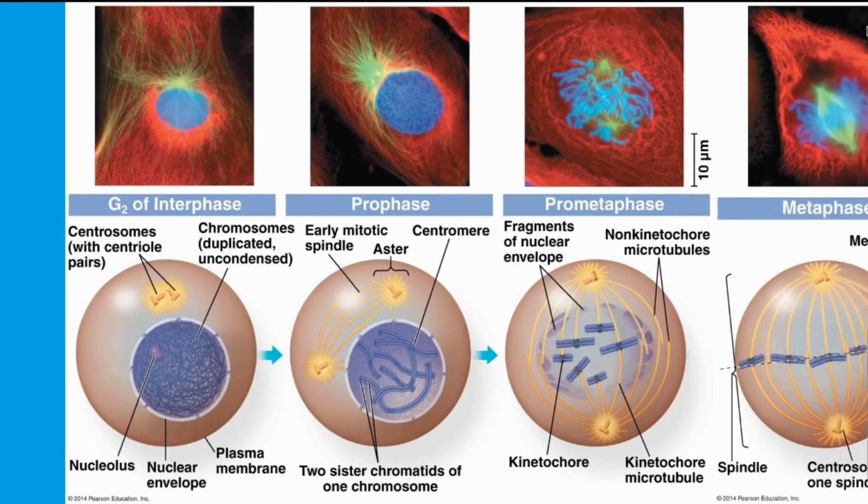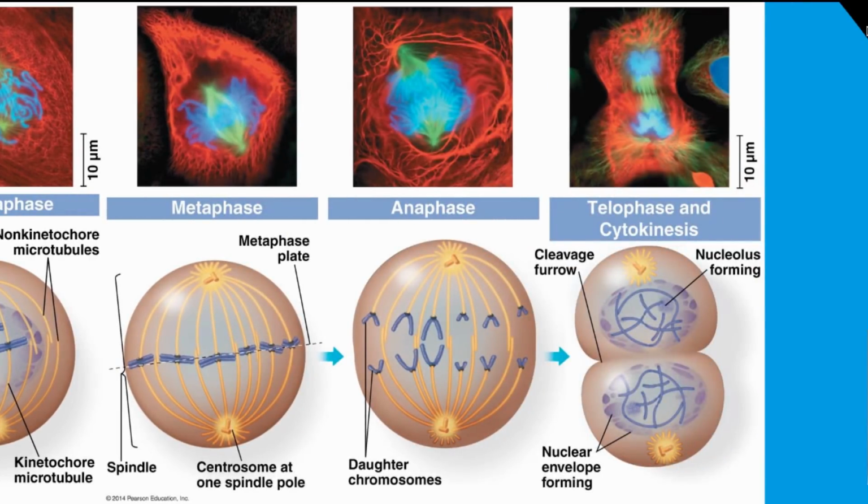Okay, and these spindle fibers will go into the chromosome area, and they will attach to a chromosome. One spindle fiber from each end of the cell will attach to each chromosome, and these spindle fibers are used to move the chromosomes around.